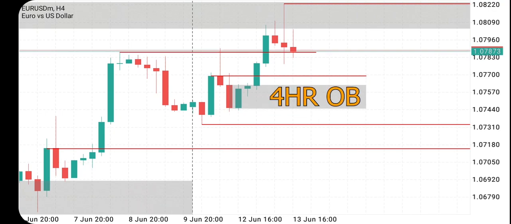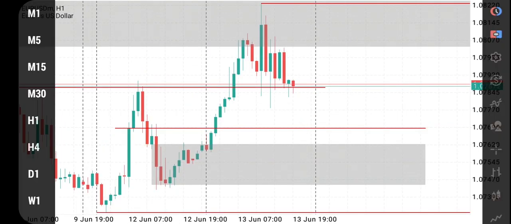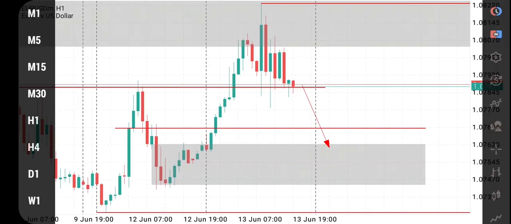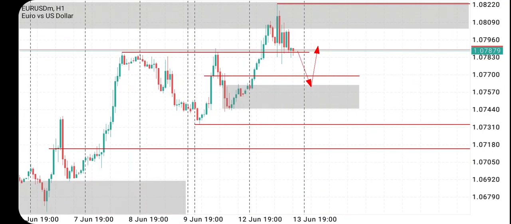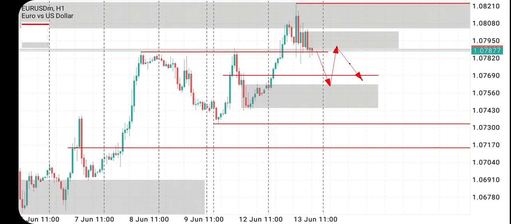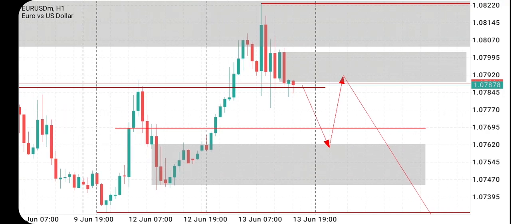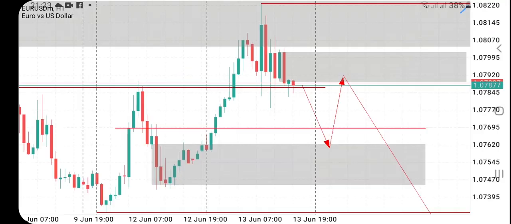So if price attempts to move down, it will hit that 4-hour order block or mitigation block, and then it can continue shooting up, or it will come back to another interest point, whether it's a 1-hour order block there or a 30 minutes order block, and then it will continue falling to that sell side liquidity below that low. Remember, that low was created on Monday, so the likelihood of price reaching for it is high.